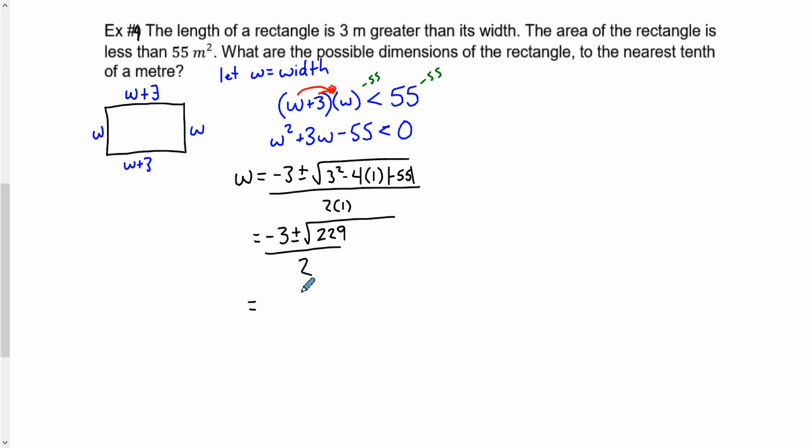Going to the decimal for it, let's say -3 plus the square root of 229. I'm going to bet that 229 is relatively prime, so we're not going to simplify this.